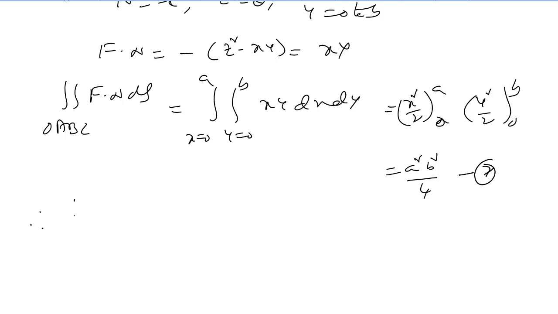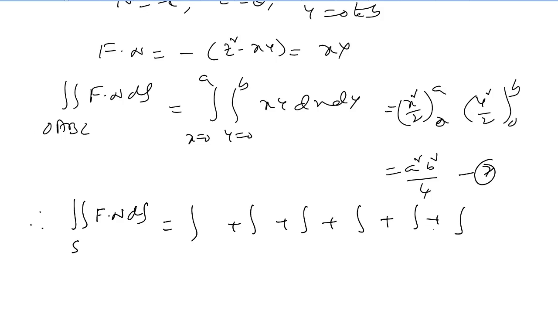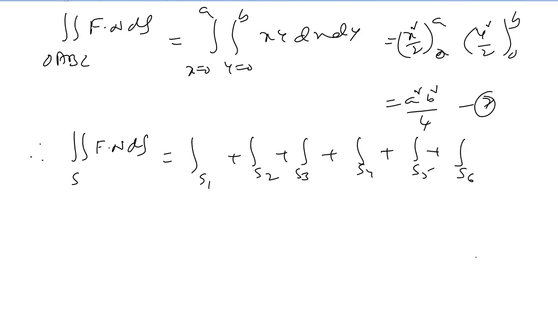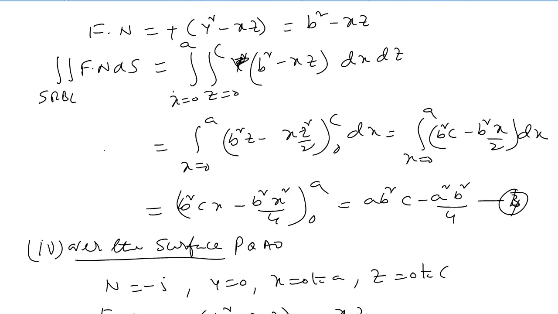Therefore double integral of f dot n ds over the surface S equals the sum of the first, second, third, fourth, fifth and sixth integrals. I will call them S1, S2, S3 and so on.